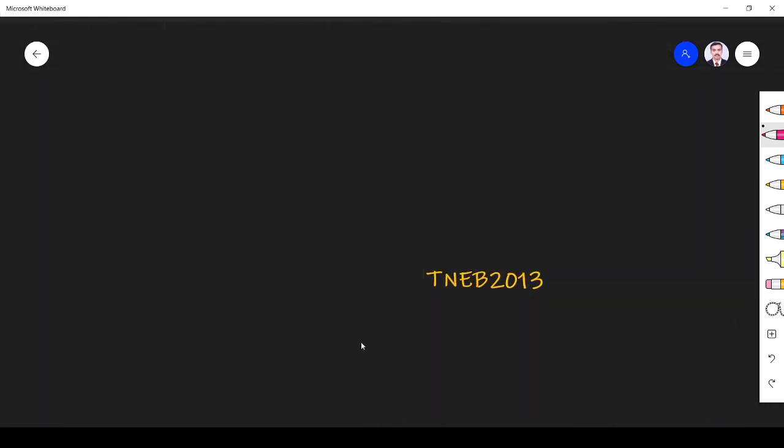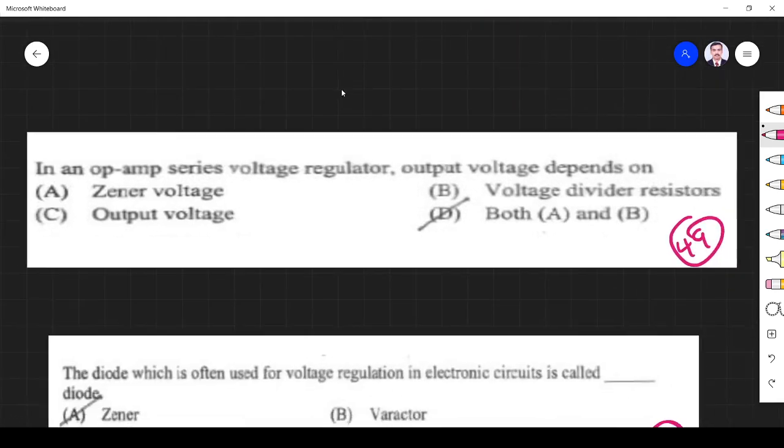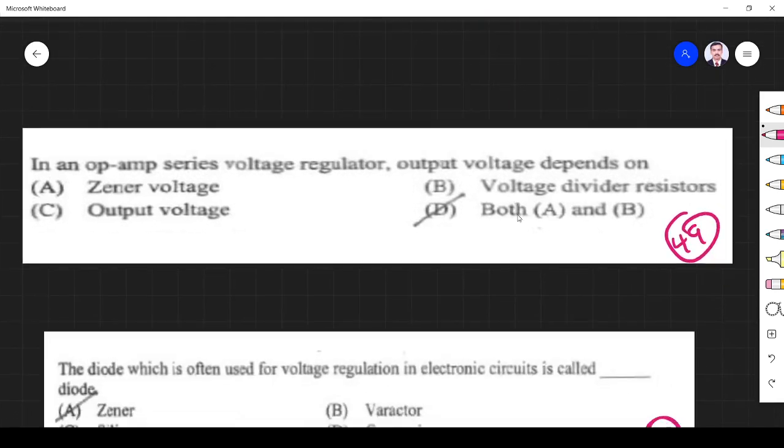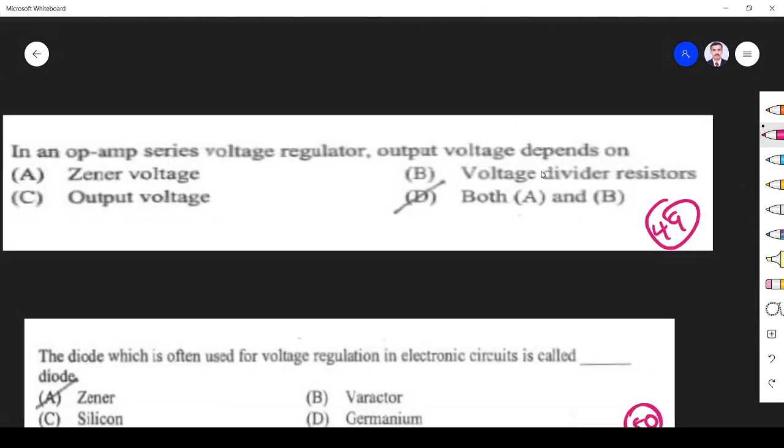Next question. The output voltage of the op-amp series voltage regulator depends on the Zener voltage and the voltage divider resistors. It depends on both the values. So options A and B both are correct. This is a very important question.